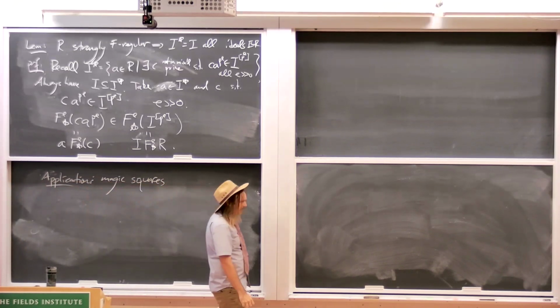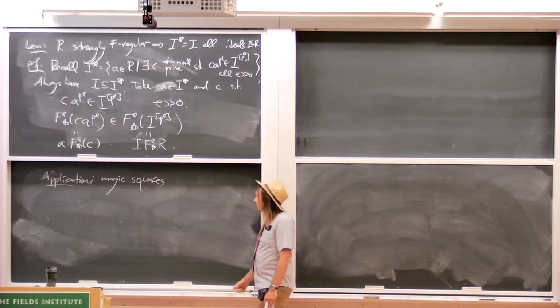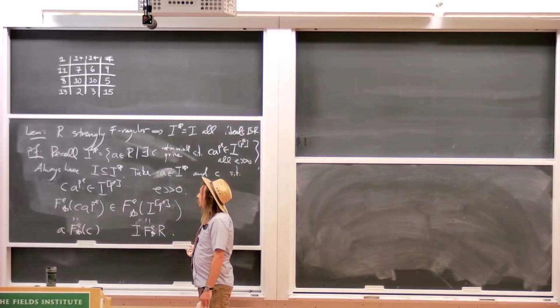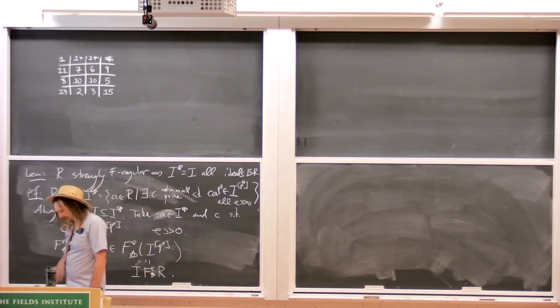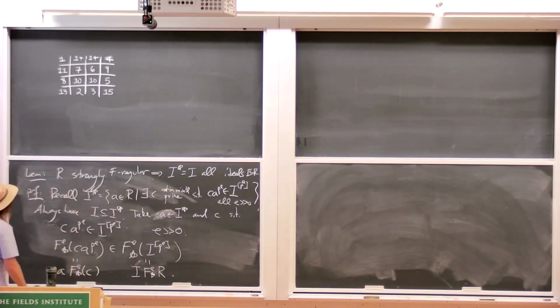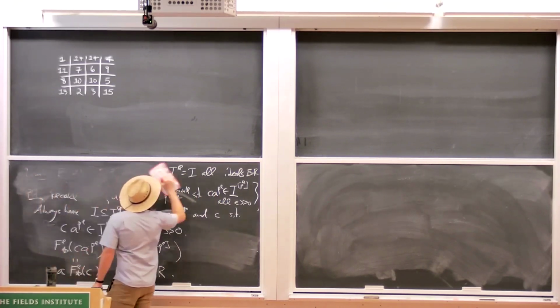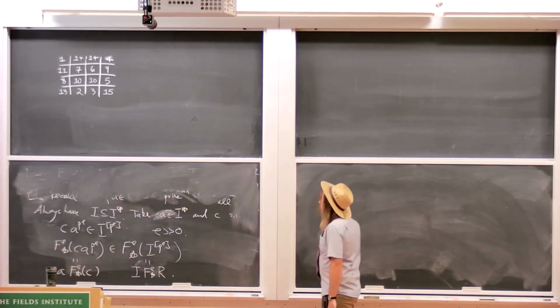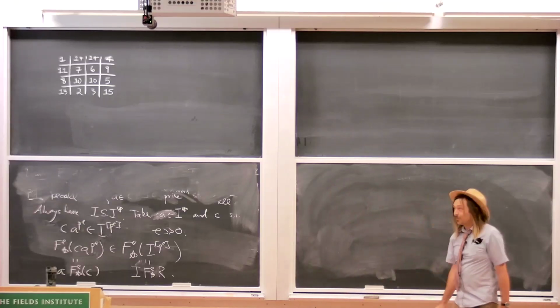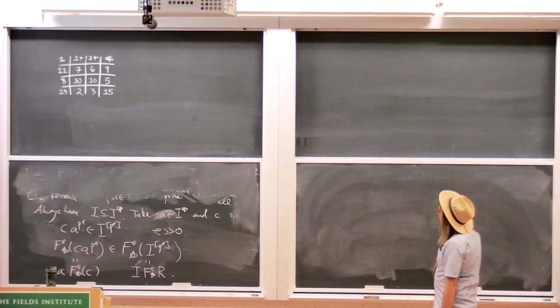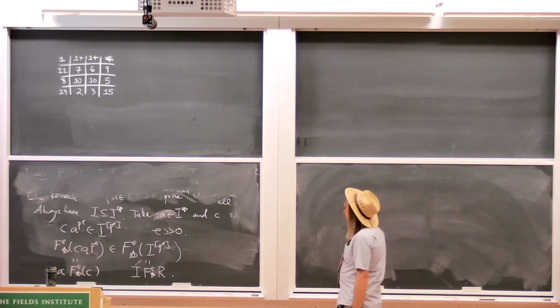What is a magic square? Something like this. Okay. So this is a 4 by 4 magic square with row sum, let's see, 24, 28, 29, 33.